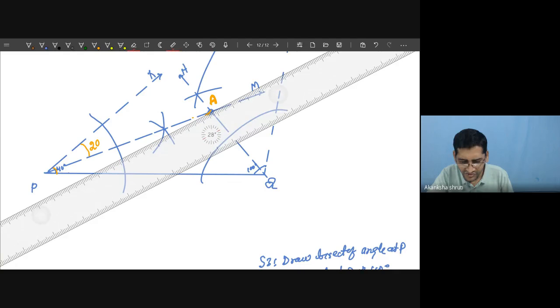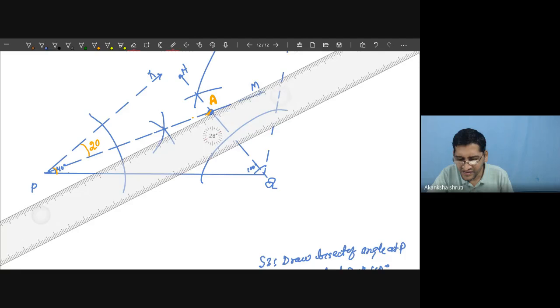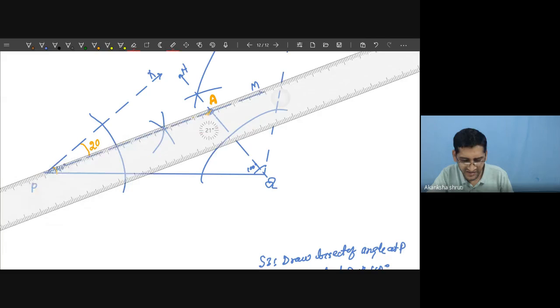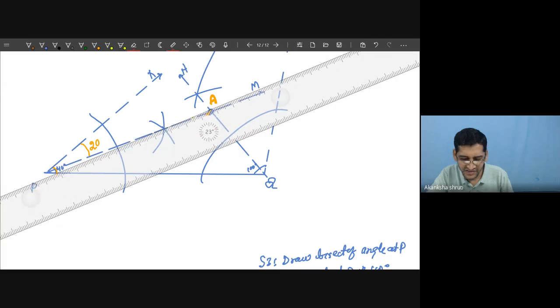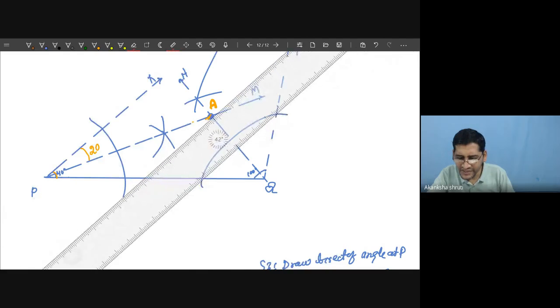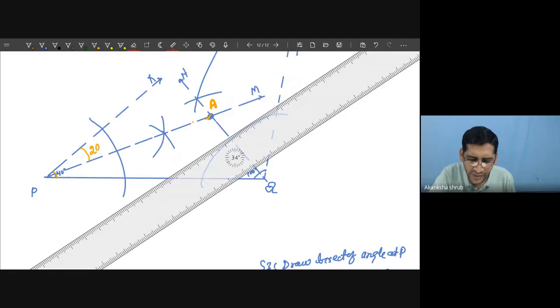Observe it, where it is going to form. It is our 20 degree with reference to this one. We have to frame this way. There is another way of drawing this 20 degree, or if you have doubt, then you may take the compass itself. Let us try with that one.